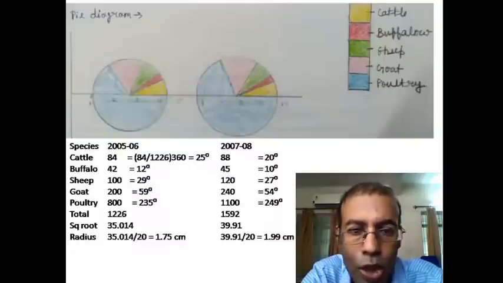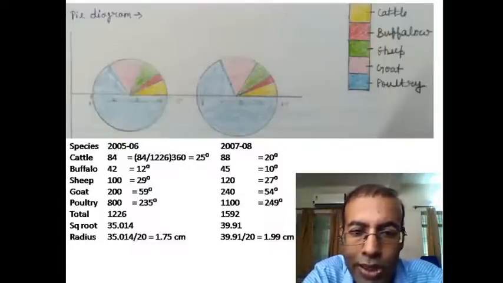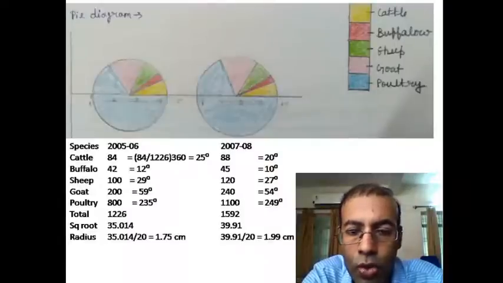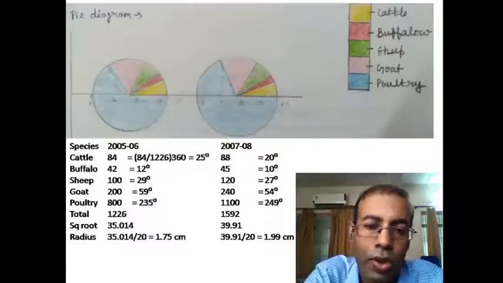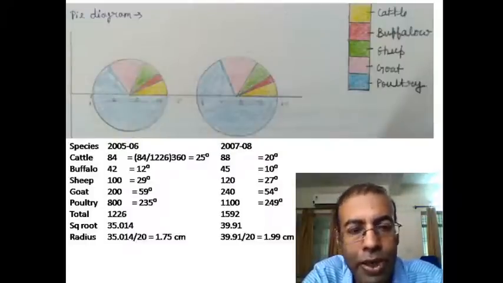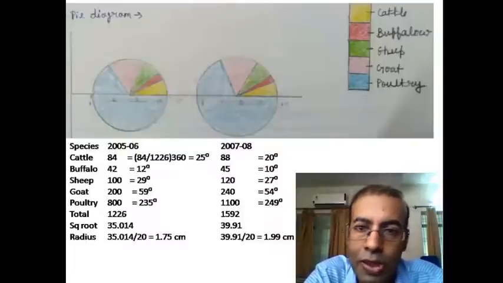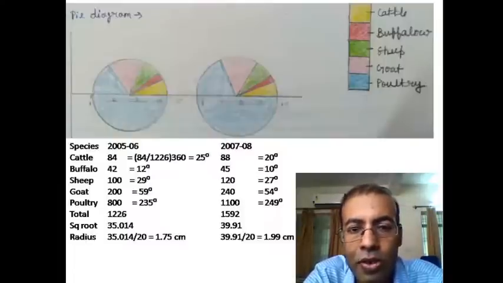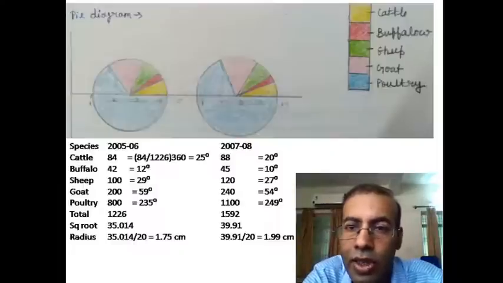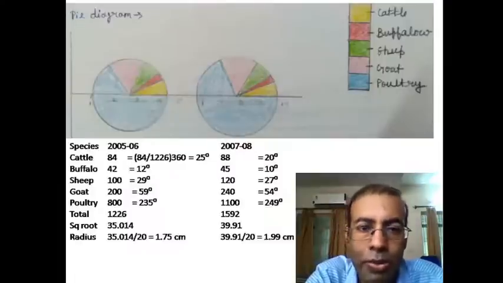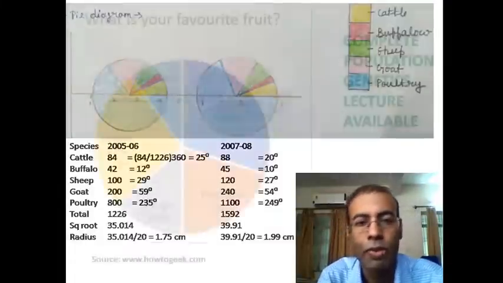For cattle it's 20 degrees, for buffalo 10 degrees, sheep 27 degrees, for goat it is 54 degrees, and for poultry it's 249 degrees. Using these degrees, we can now make sectors, different areas for the species, and different species are also represented by different colors. These colors are represented on the diagrams. In this way we can solve this type of question.